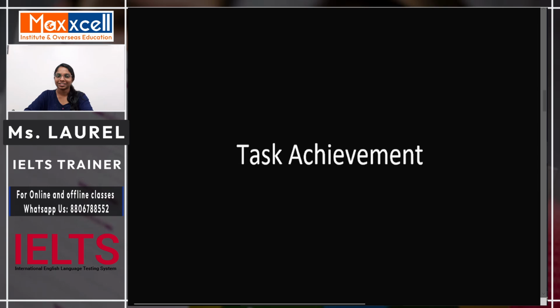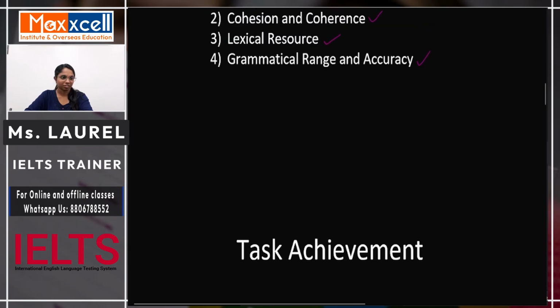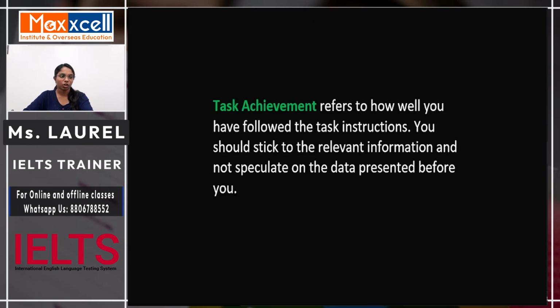Now let us understand task achievement. Task achievement refers to how well you have followed the task instructions. You should stick to the relevant information and not speculate on the data presented. Basically, task achievement is for task 1.